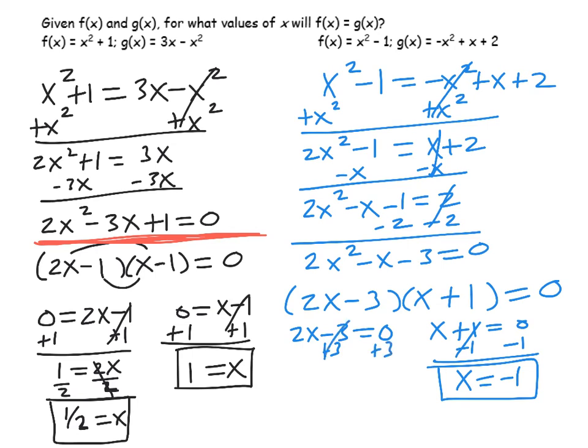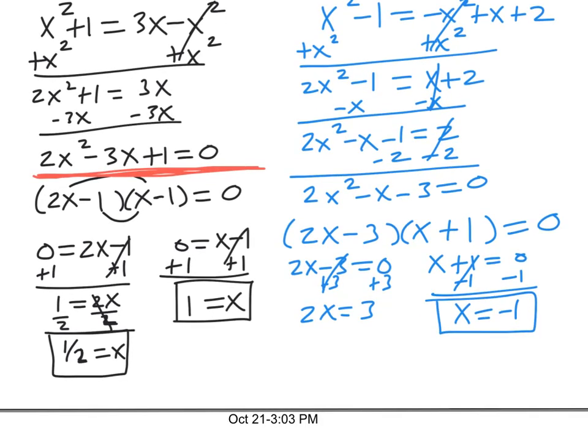Again, with the quadratic, I am expecting two answers. I got -1 for my first, and it looks like I will get 1.5 or 3/2 for the second. Okay, there you have it. You've got two good examples of how to solve a quadratic equal to another quadratic.